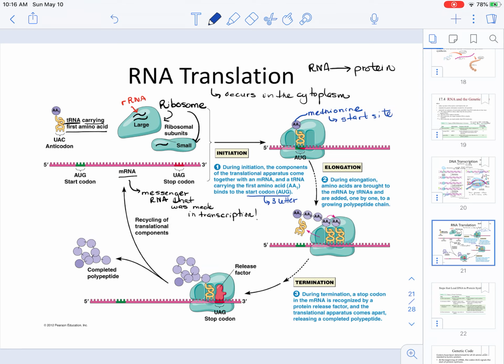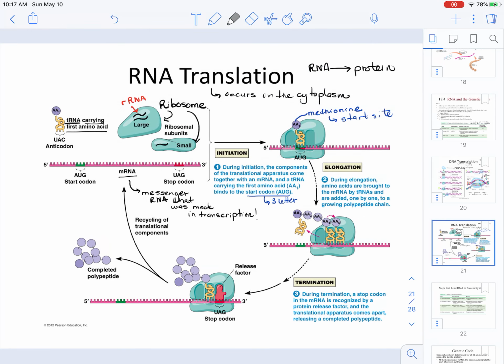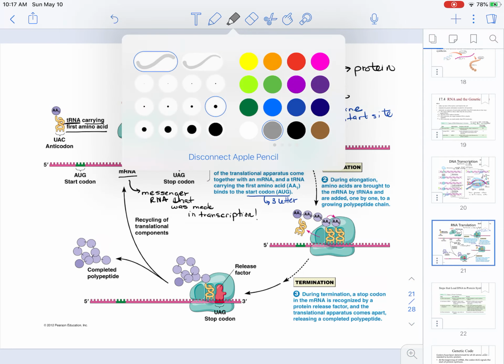During the elongation process, understand that amino acids are going to be bound to the mRNA by these tRNAs, and they're added one by one to the growing polypeptide chain. As you can see, when it comes to the tRNAs, they are going to be identified, I'm going to highlight it in green, by reading codons. Oh, that's hard to see.